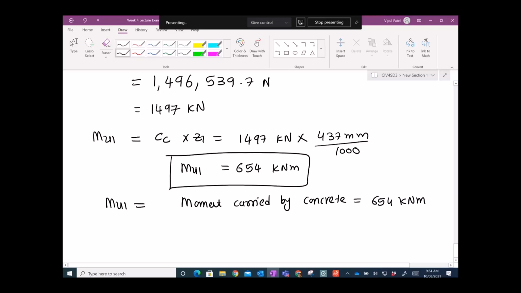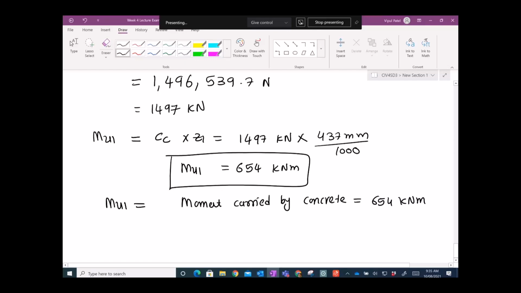The first one is done. As I mentioned, we have three components that we need to look for: the concrete, the compression reo, which is the top reo, and the bottom reo, which is the tension reo. So if someone asks what the moment carried by the concrete is, it is 654 kilonewton meters.